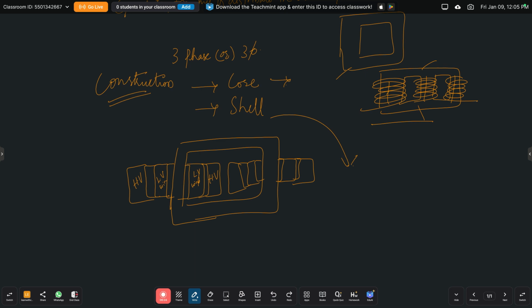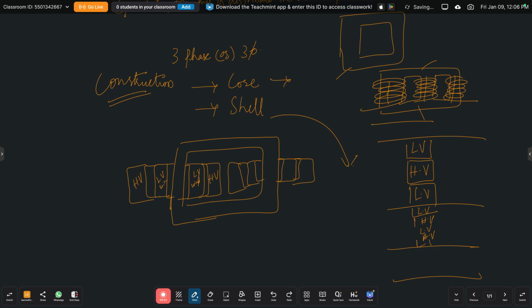In this also we represent sandwich coils, as discussed earlier. That means two LV windings with the HV winding in between, a sandwich type of winding, in each of the three individual magnetic cores. So here we represent LV and again HV and LV, HV, like that.